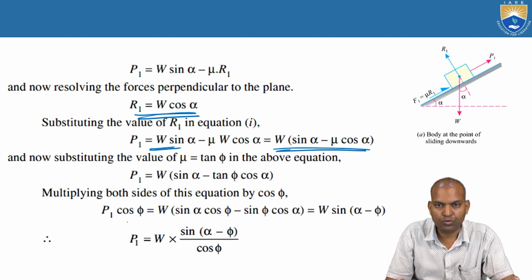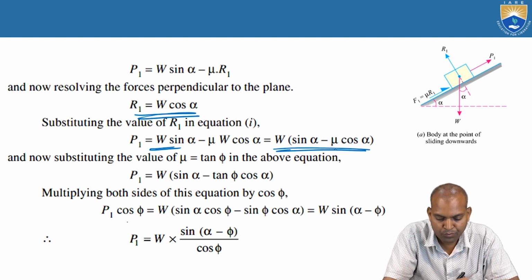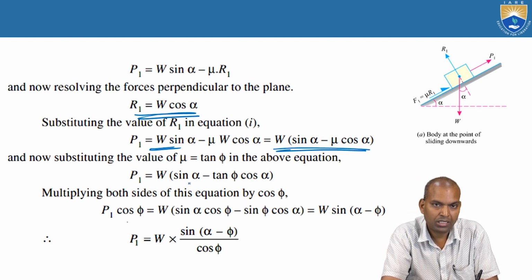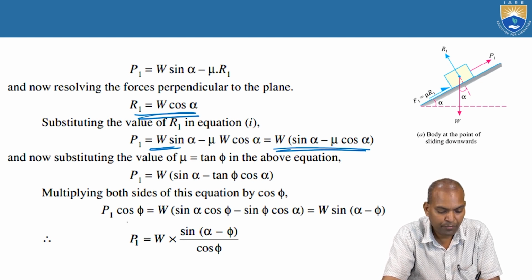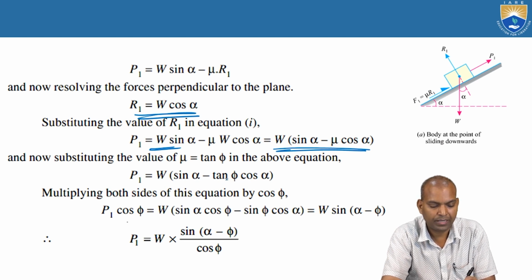Now we know that mu, the coefficient of friction, equal to tan phi. If you substitute here, P1 equal to W times (sin alpha minus tan phi cos alpha). Now tan phi equal to sin phi by cos phi.